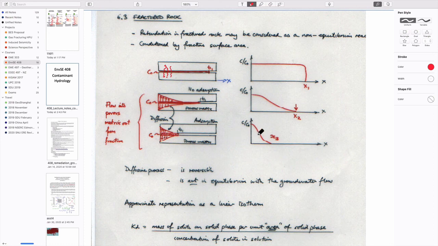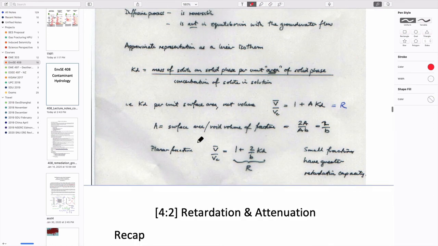And so this front now is doubly retarded over where it would come before. This behavior is not really sorption, it's by diffusion into the medium. This is by sorption, but not onto the fracture walls. There's much more surface area within the aquifer compared to the relatively small amount present on the fracture surface, and therefore it can potentially be a big effect.